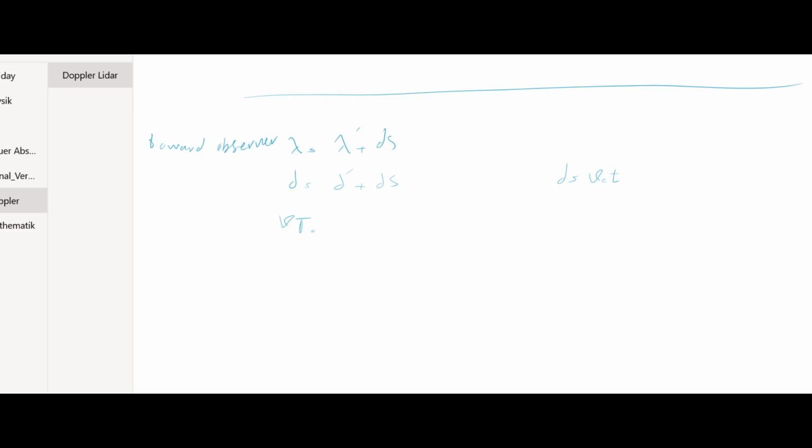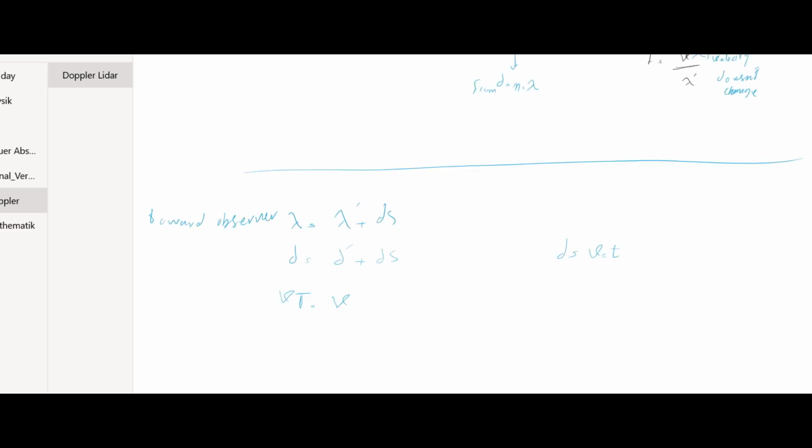That would be equal to, again, the distance traveled by the speed of light. Or first let me bring this here: D prime is equal to D minus d of s.